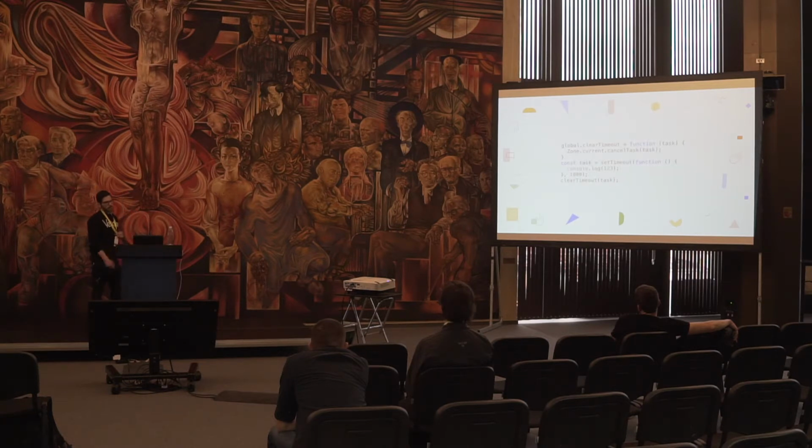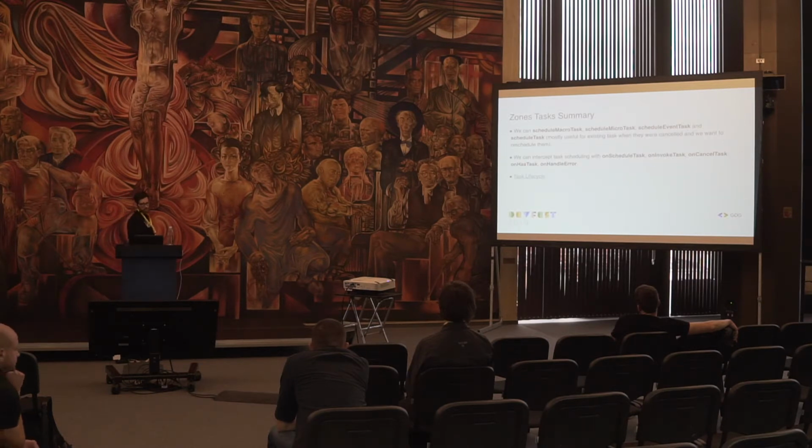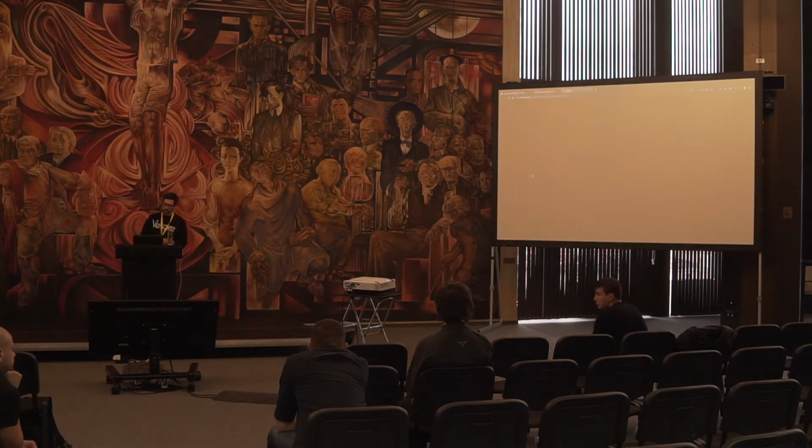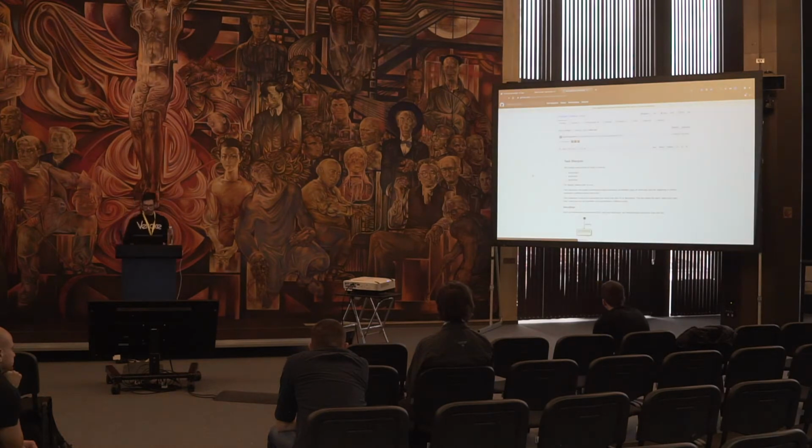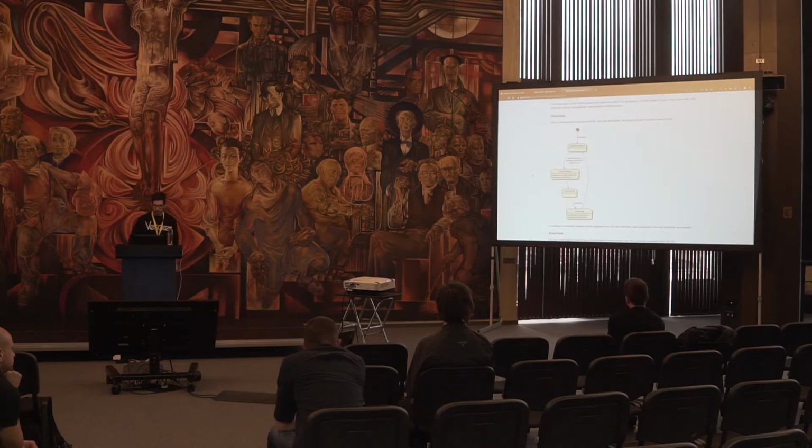Okay, yeah. Well, task summary, we have to understand we can schedule micro tasks, we can schedule macro tasks, or basically all kinds of tasks. We can schedule them in our zone, and we can also intercept this task scheduling by using these hooks that we saw. And here I also put a link. If you click it after the presentation, you can also see the different task life cycles.